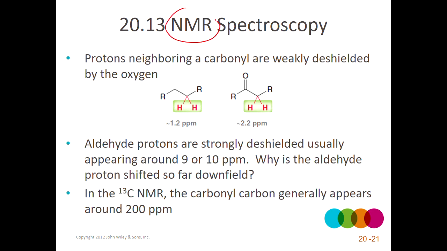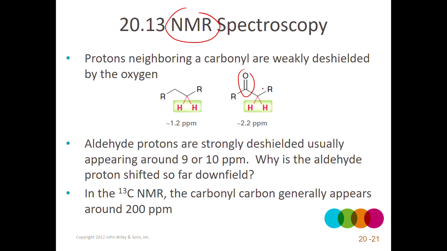NMR, we talked about that a lot last semester, and you might be expected to predict splitting patterns and shifts and integrations. So all of that still applies. The main thing about CO double bonds is how they affect protons and carbons that are near them.